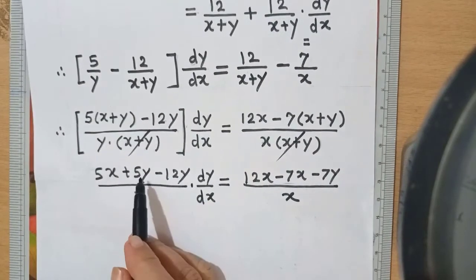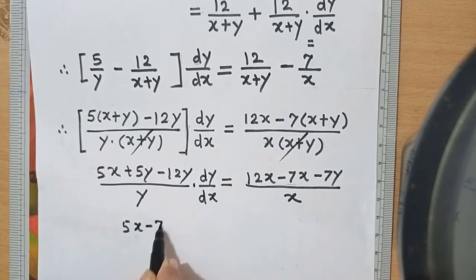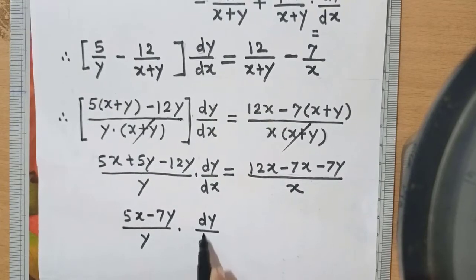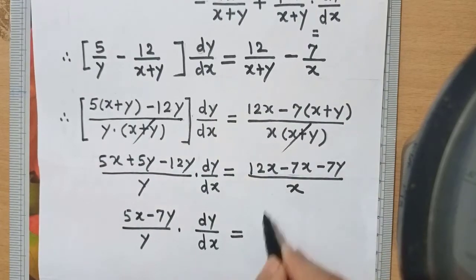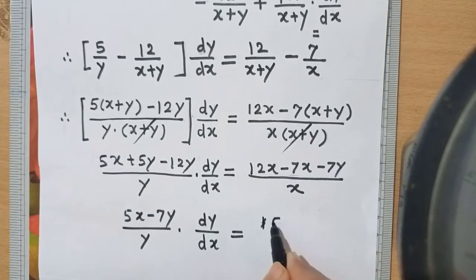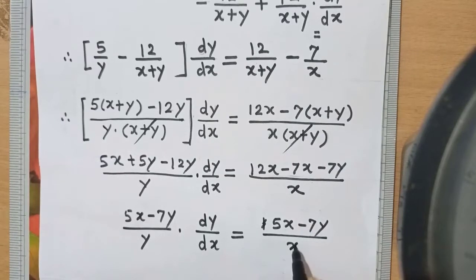Again simplify. 5y minus 12y, so 5x minus 7y upon this y, and here dy by dx. Here also same. 12x minus 7x is 5x minus 7y upon x.